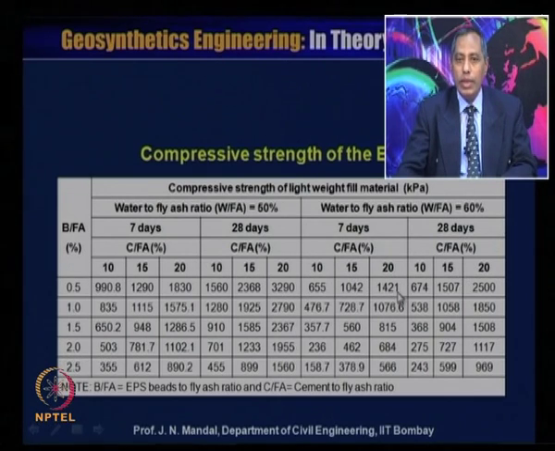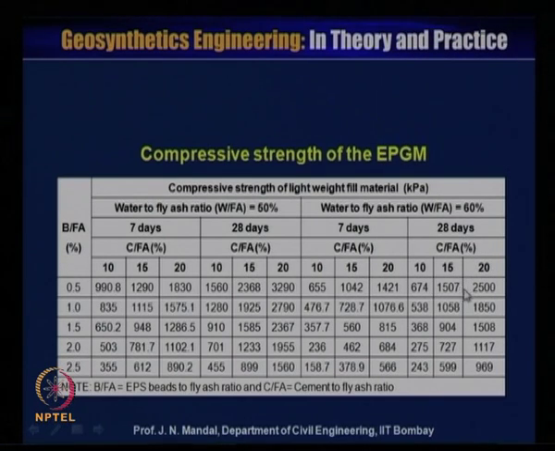You can see that when the water to fly ash ratio is 60%, for the 7 days this value is increasing. Even then 28 days, for the 10% cement to fly ash ratio, the compressive strength value 674 kilopascal. For 15%, 1507 kilopascal. For 20%, this is 2500. So for the 28 days under the 60%, this value also is increasing with respect to 7 days.